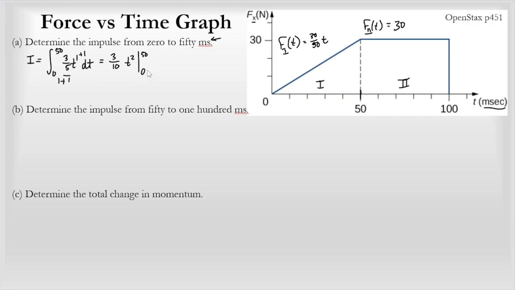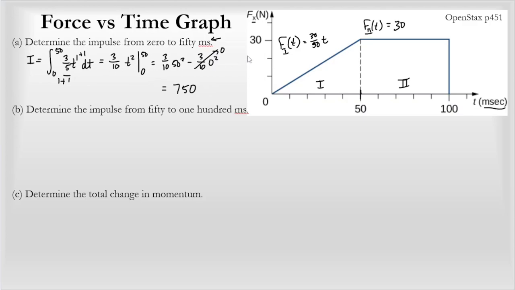And we actually have a nice endpoint, 0, if I do 0 squared. So if I do this properly, I get 3/10 50 squared minus 3/10 0 squared. So you can see the last term, that was nice. So 3/10 times 50 squared, when you run this through your calculator, you should get 750.